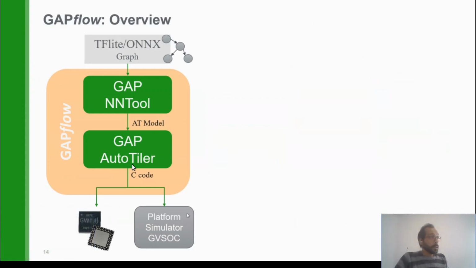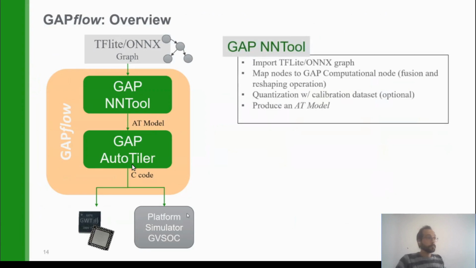This GAPflow is made of two main blocks. One is called GAP NNtool, which produces what we call an autotiler model, and then we have an autotiler which produces C code that can be run on the chip, and also in the GVSoC virtual platform.